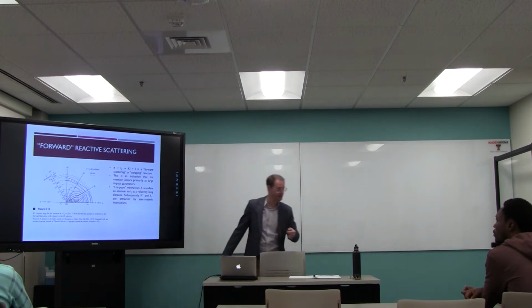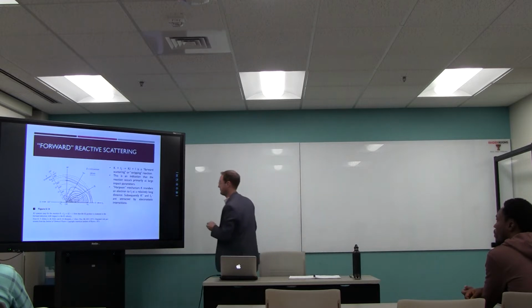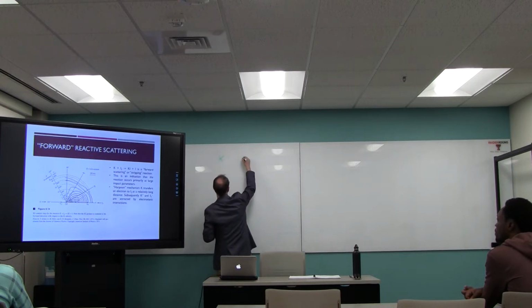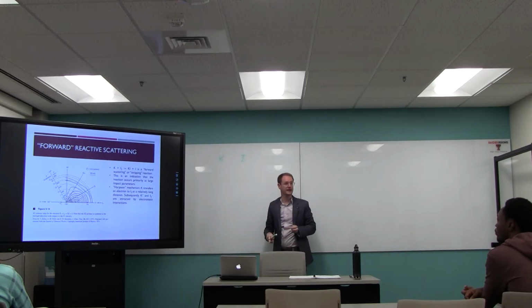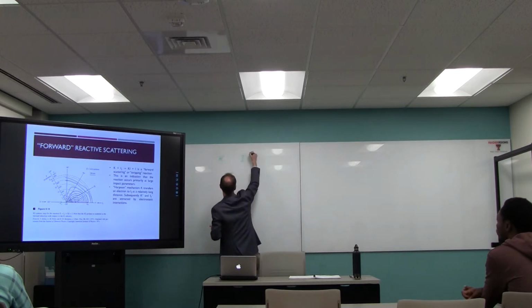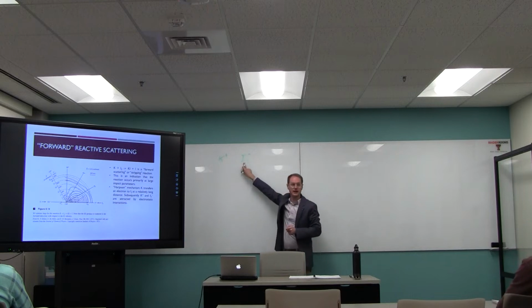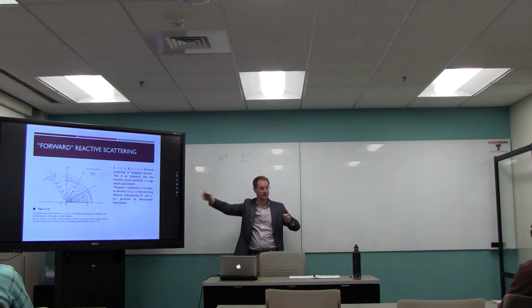In the harpoon mechanism, basically what happens is, at a relatively large distance between the potassium and the iodine, there's an electron transfer from the potassium to the iodine, and basically you make I2 minus and K plus. Because iodine is highly electronegative, and potassium is a metal, it's easy to strip off an electron from a metal.